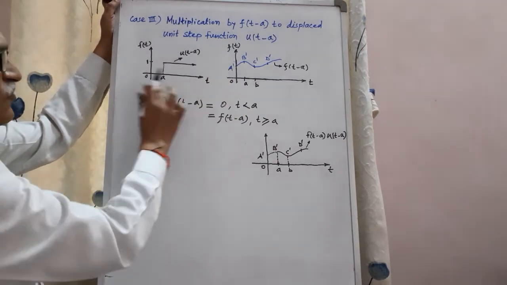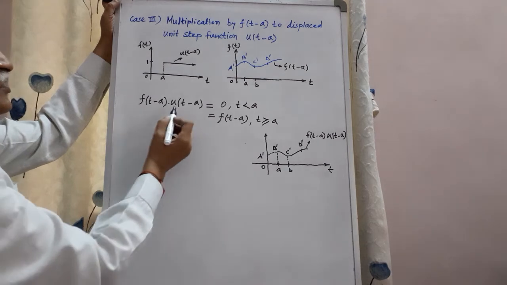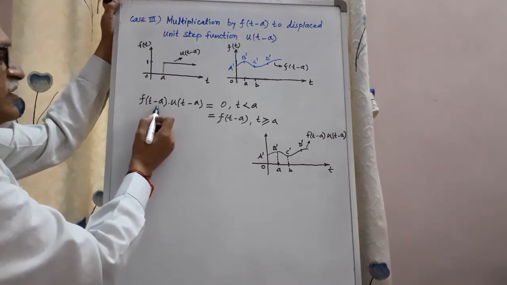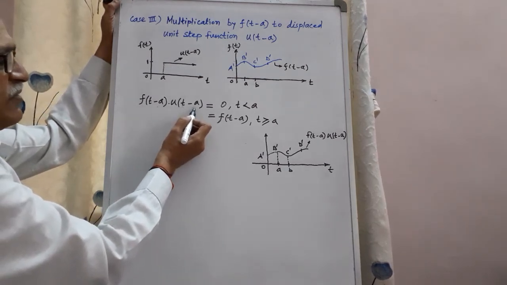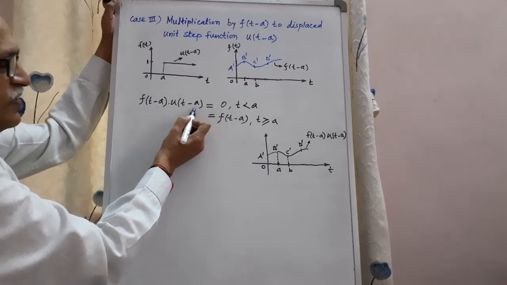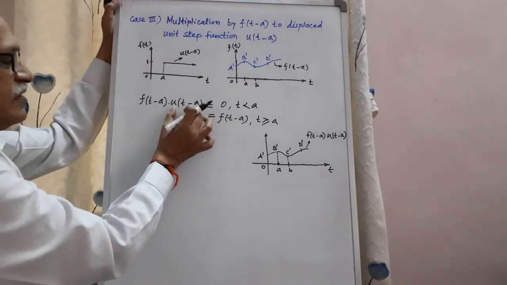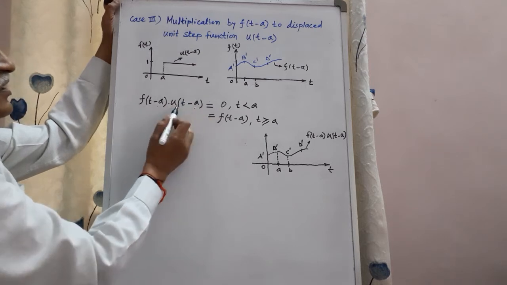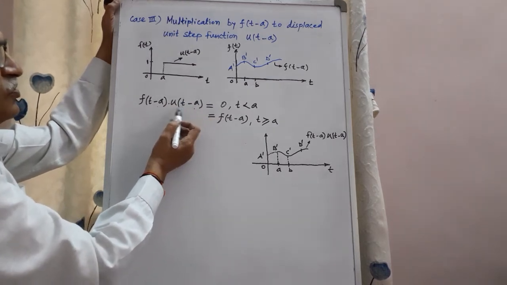If you try to find the multiplication of f of t minus a and u of t minus a, we take the help of the basic definition of the step function. It has two values, 0 and 1.